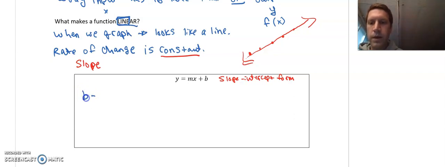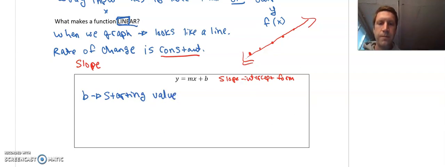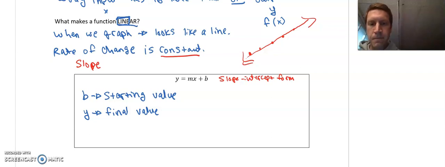So b is going to represent our starting value. Okay, what are we starting with? y is going to represent your final value. m is going to represent your rate of change.